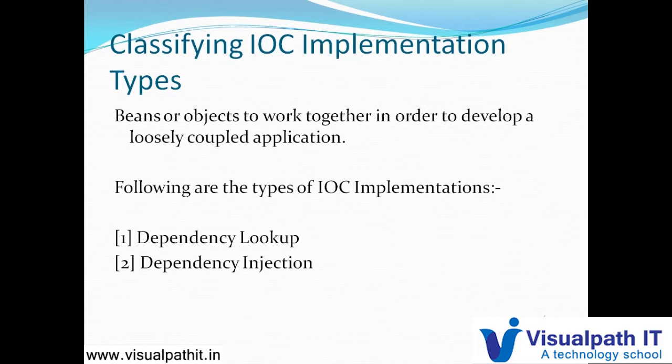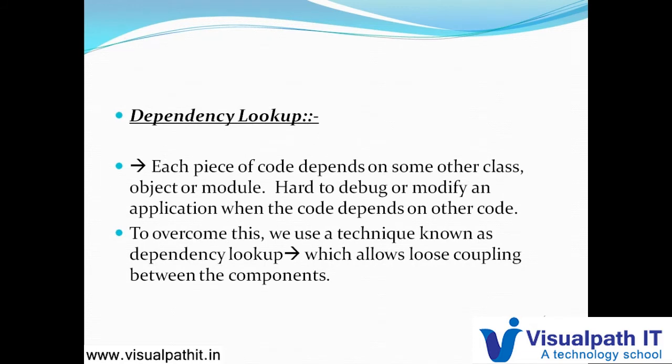So first let's have a complete look at dependency lookup. In the Spring application, if we write a piece of code, that code will definitely be dependent on some other class or object or some other functioning module. So if we debug or try to modify one part of the module, then it depends upon the code of another module.